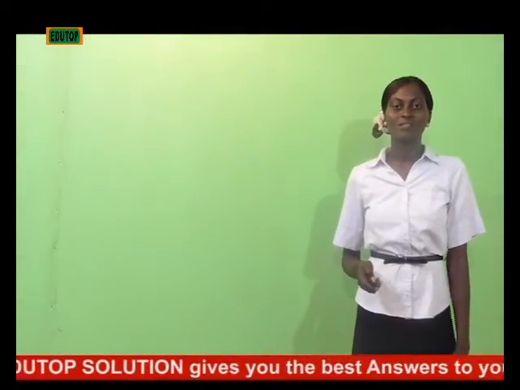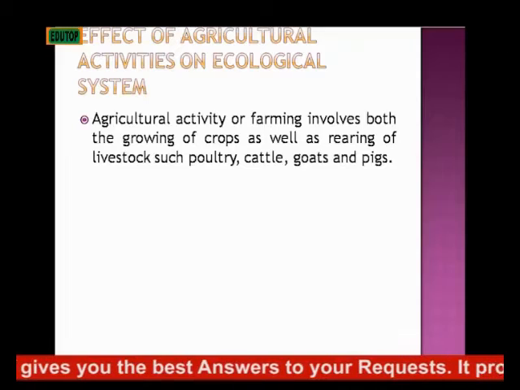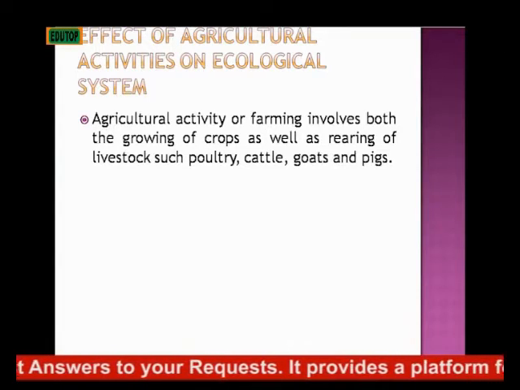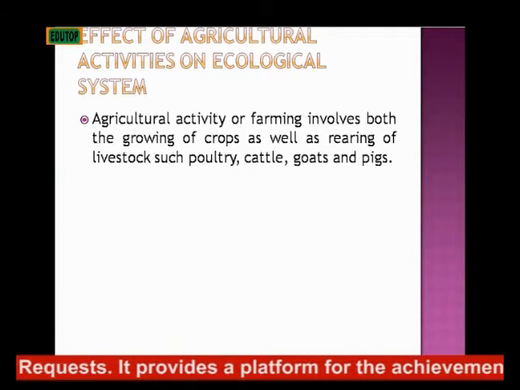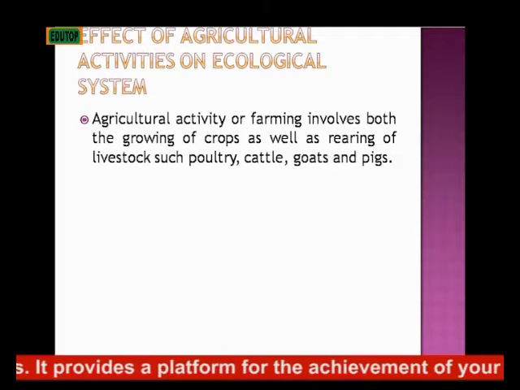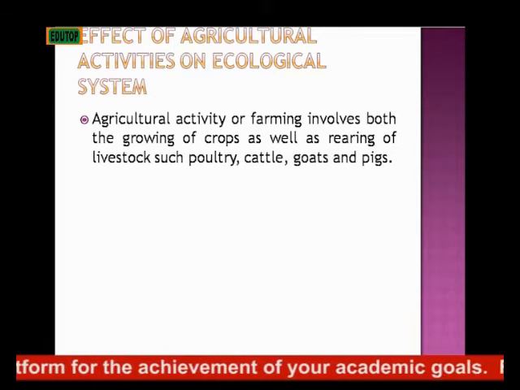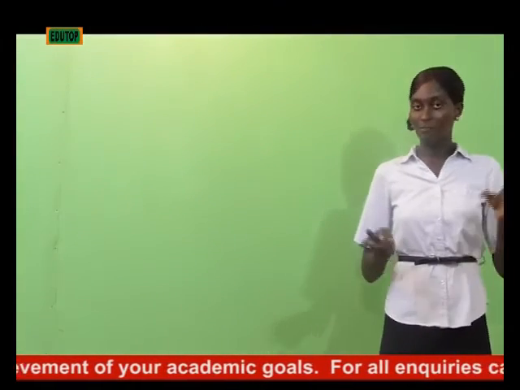We want to talk about the effects of agricultural activities on the ecosystem. Farming generally involves both growing of crops and rearing of animals. It's not just planting that you call farming. Both planting crops and rearing of animals, such as poultry, cattle, goats, pigs, and the rest. So that's farming for you.